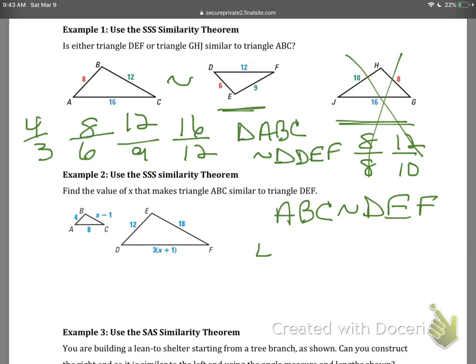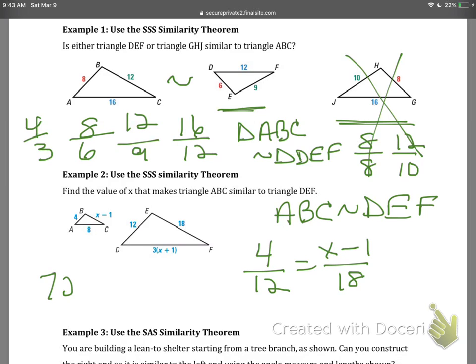So 4 is to 12, just like x minus 1 is to 18. Okay, so let's try that. Let's do 4 times 18, which gives me 72.